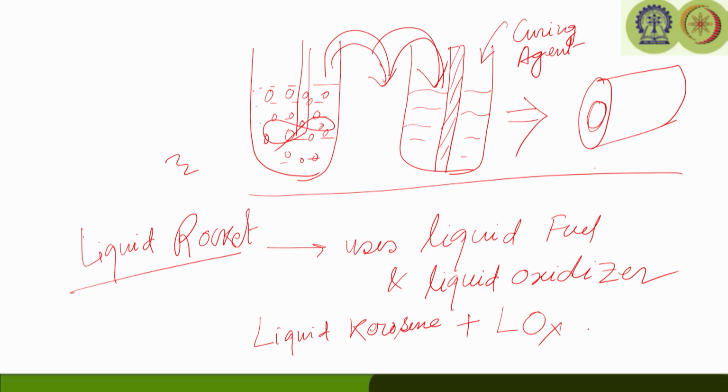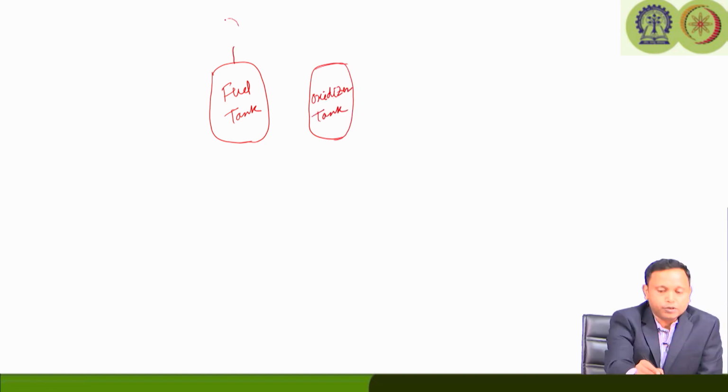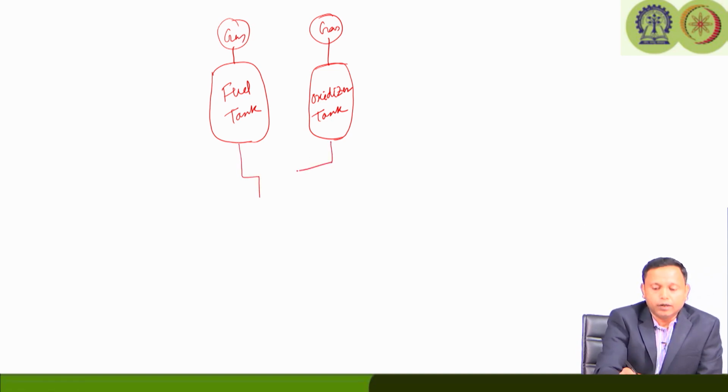So, I am not going into the detail of this, but if you look at the engine configuration, the basic structure of the liquid rocket should be something like this. It needs to have a fuel tank and an oxidizer tank, and they are of course initially pressurized with some inert gas bottle, and they will be delivered through pumps.